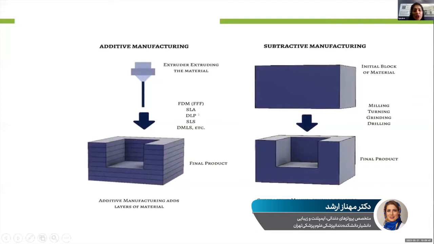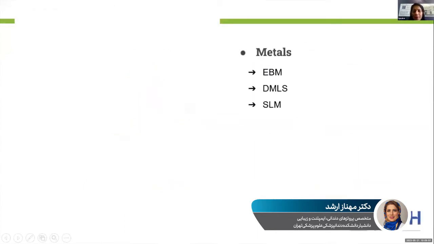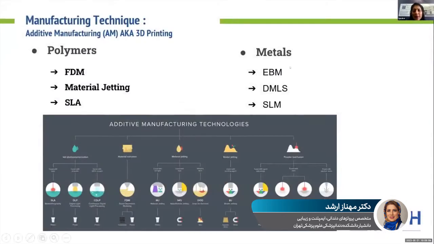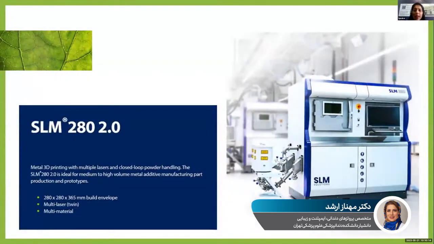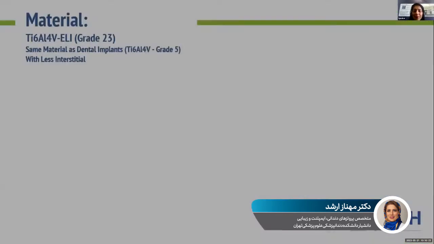In manufacturing, the subperiosteal implants are made with additive manufacturing, and the method is SLM, because it's metals. EBM, DMLS, SLM are 3 different methods to make subperiosteal implants, but SLM is the one that we use in Iran. And this is the device that we use to make the subperiosteal implants.